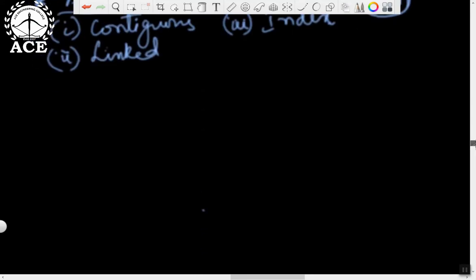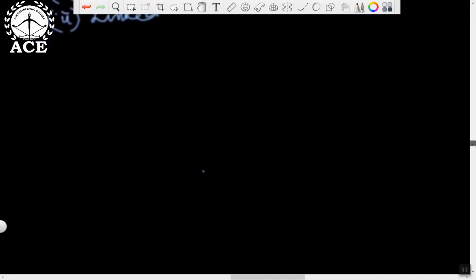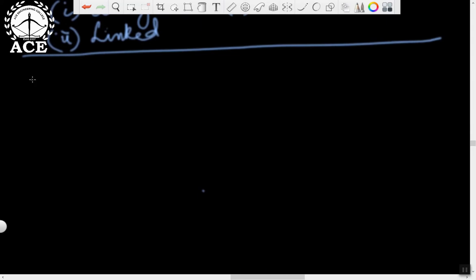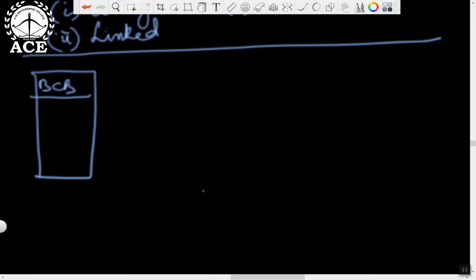For that, I will go back to my previous diagram where I showed you the partition structure. I will draw the diagram again. This is my partition structure. We have the boot control block, partition control block. I described this in an earlier video, kindly watch it if you have not seen it. And this directory structure, and these are user data blocks.